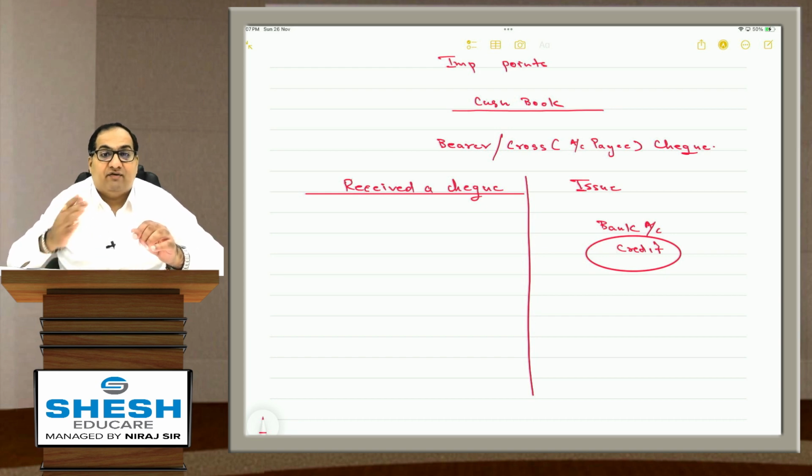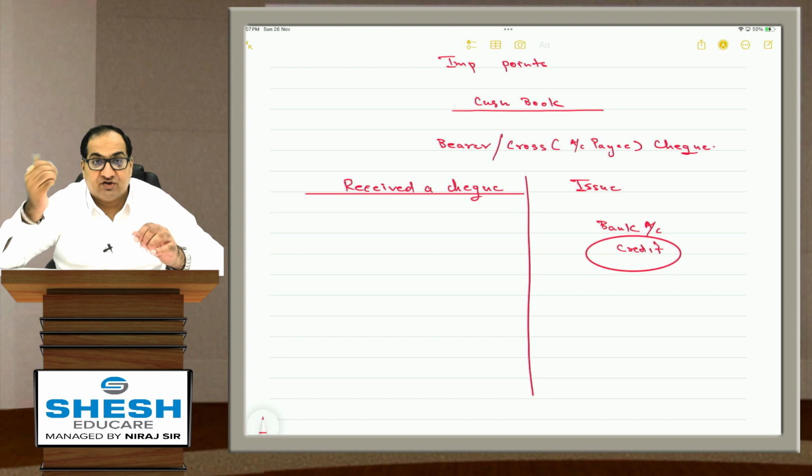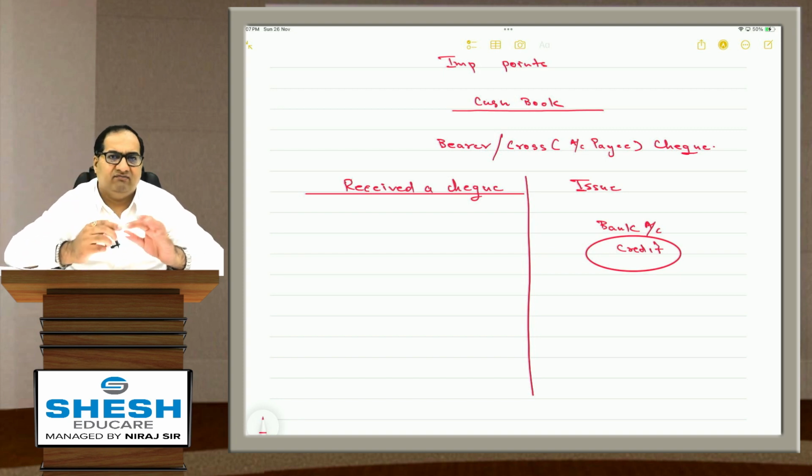First thing, if I have received a bearer check from my customer, then I cannot go to my bank and deposit the check because he has given order to his bank to make the payment to the bearer of the instrument. So it means if I have received a bearer check, I will have to carry that check physically and go to his bank, and his bank will make cash payment to me.